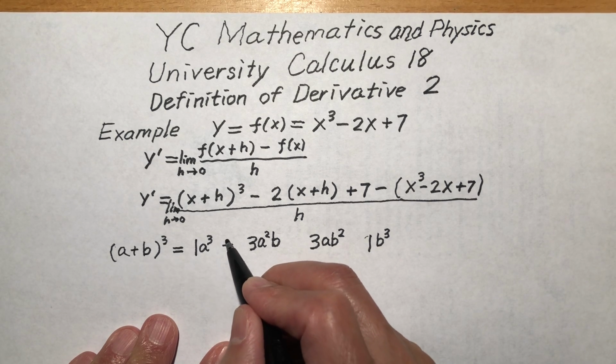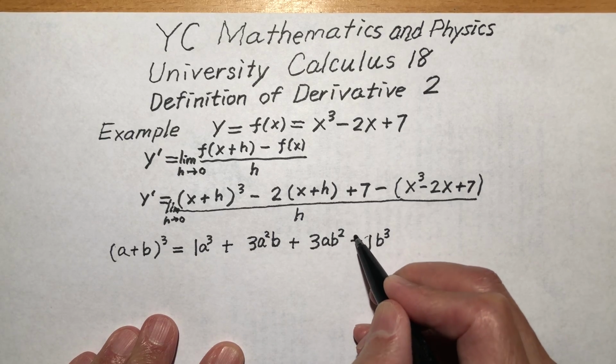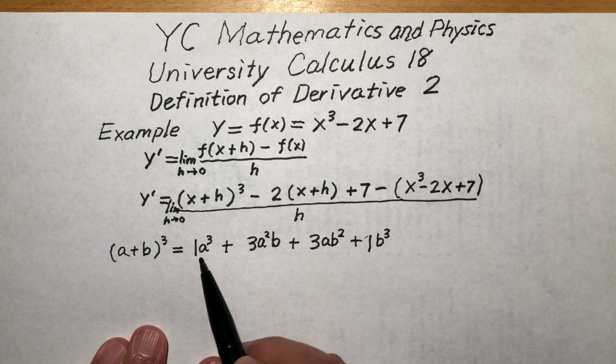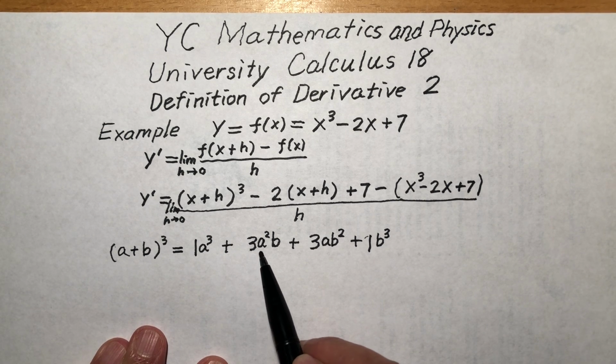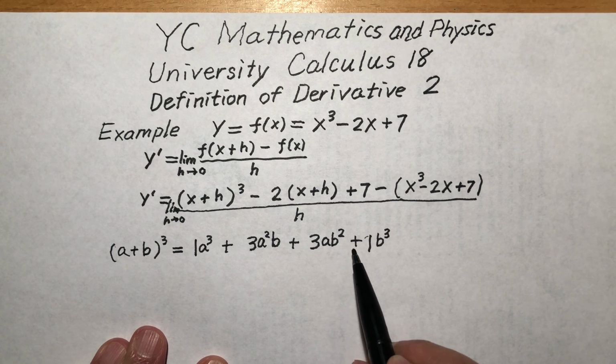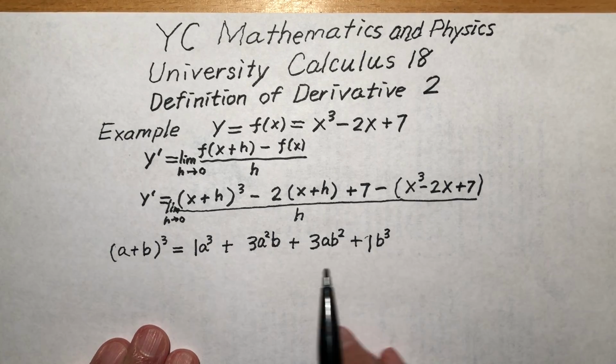So this is the formula. a plus b cubed is a cubed plus 3a squared b plus 3ab squared plus b cubed. Use this formula to expand that.